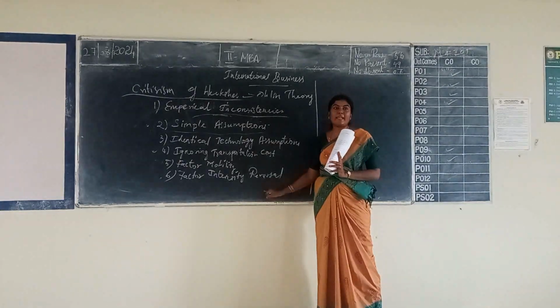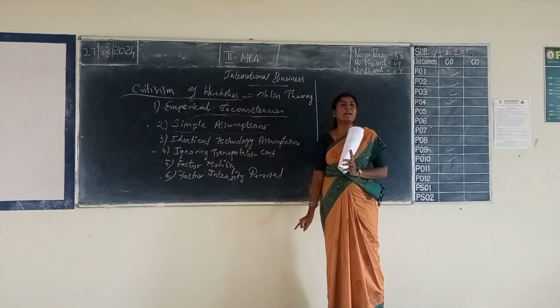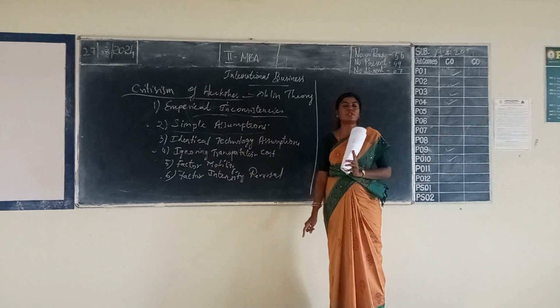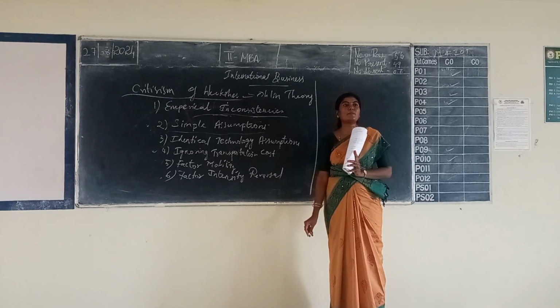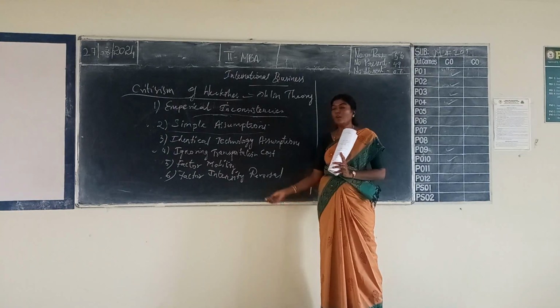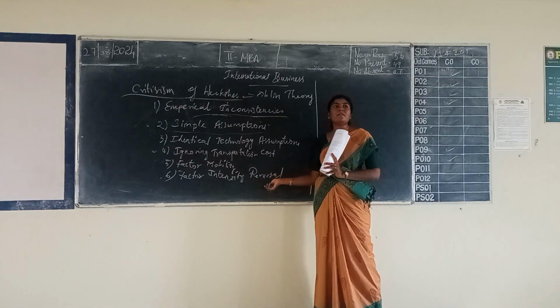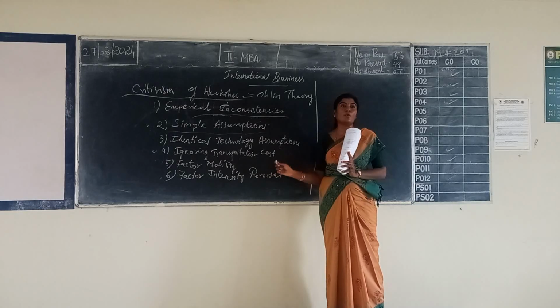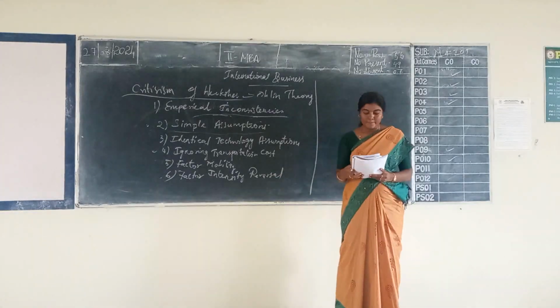Factors cannot be changed. But if the factor cost is more, in that case the factor will be changed. In case labor is very costly, they move on to capital intensity. So this theory is not applicable when the factor price is more. Okay. Write down.